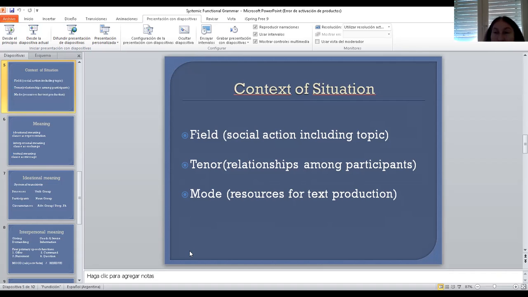I mean, when we study a text and we want to evaluate that text, we should take into account what is happening, who are the ones involved and what's their relationship, how is the text produced, is it spoken or written, for example.